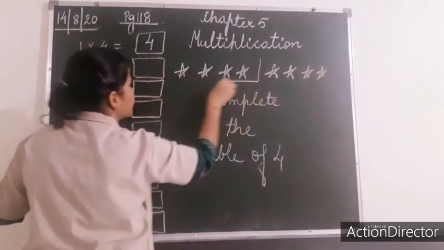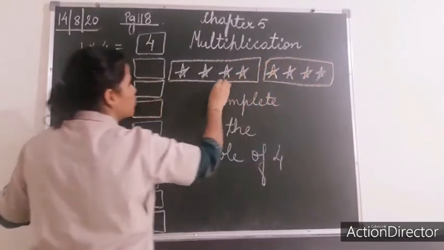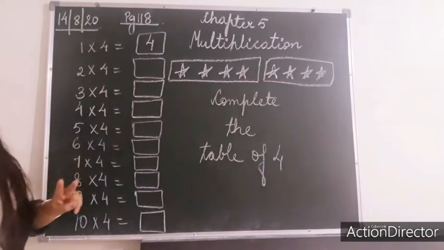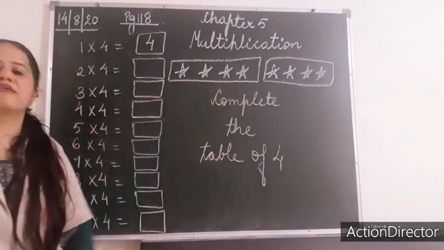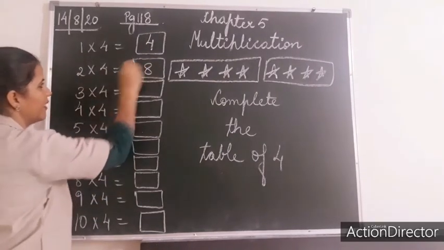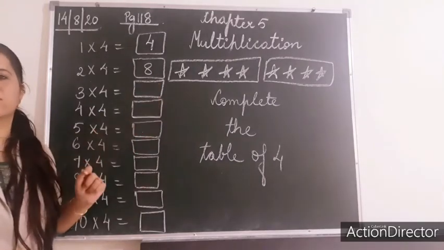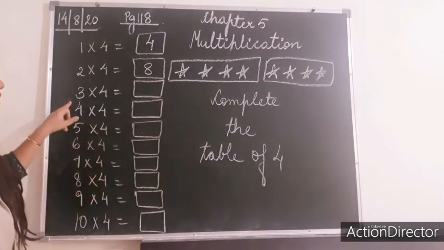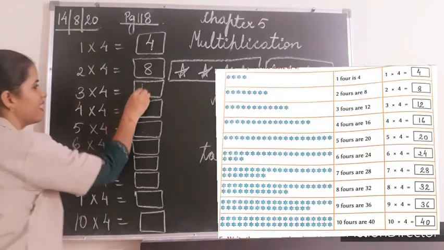So this is 1 time 4 and this is 1 time 4. So this total is 2 times 4, when I will add them I will get the answer 8. So 2 times 4, 4 2s are 8. Okay, this is also given in the book, isn't it? So same here. Now 3 4s, that is 3 times 4, 4 3s is 12.